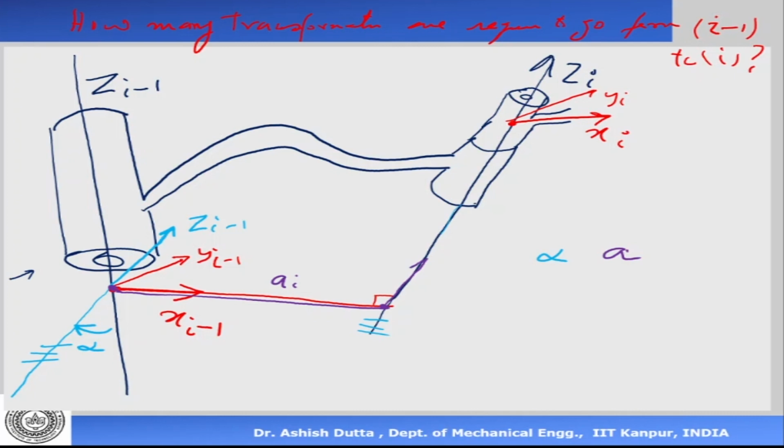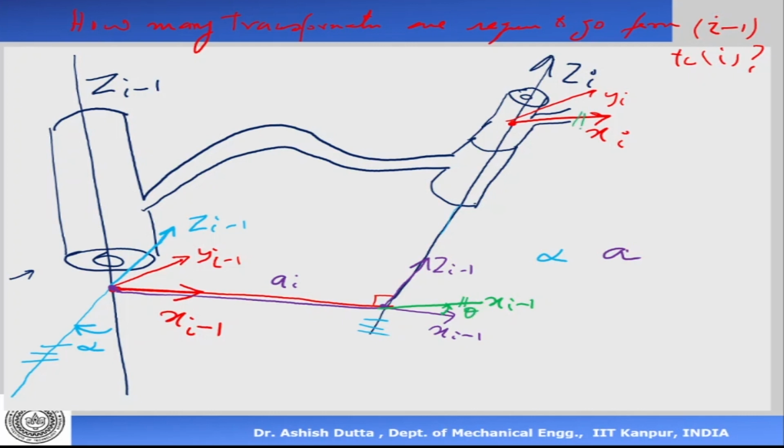If you can imagine, your z_{i-1} is here and your x_{i-1} is this side. So z_i and z_{i-1} are aligned. Now x_{i-1} and x_i are not aligned, so next I rotate x_i by an angle theta and take it to x_{i-1}. So this is now aligned to this. There is a small angle theta there now.